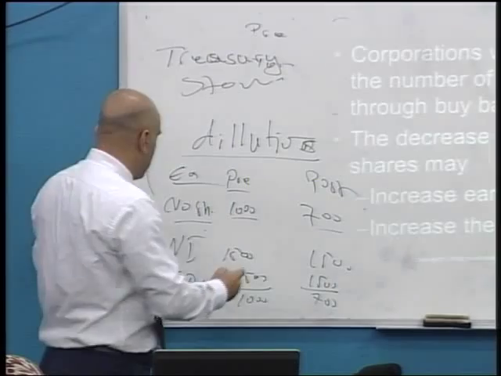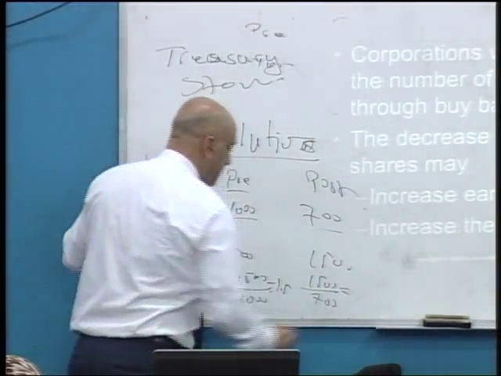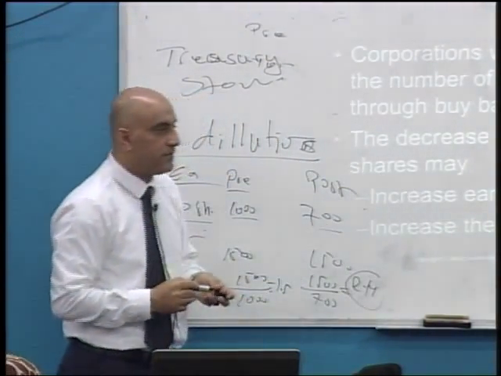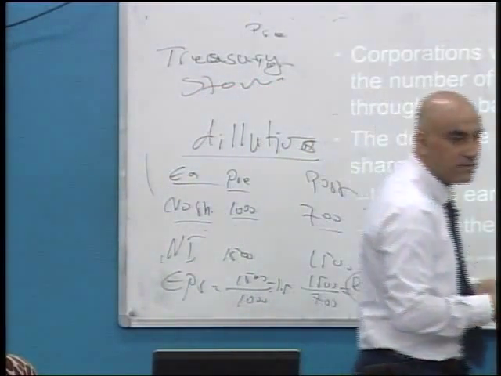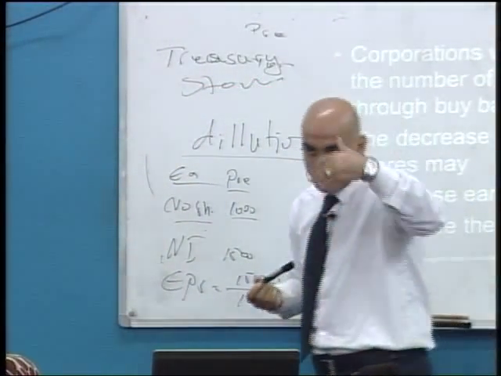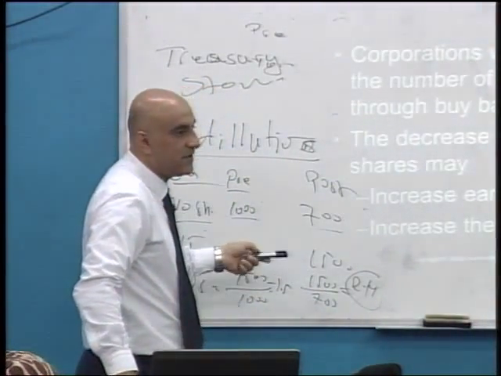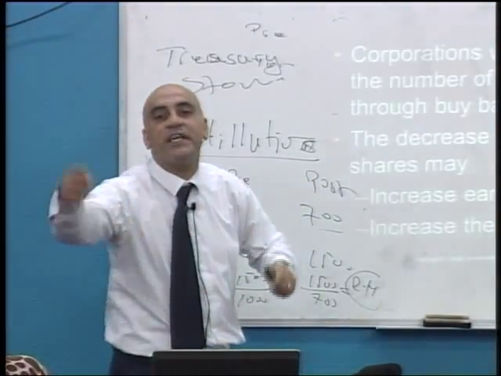In the first one, 1.5. Then 2.14. So what you observe? This is against the dilution. The EPS increases. So why does the EPS increase? Because we decrease the number of shares outstanding by repurchasing the stocks.